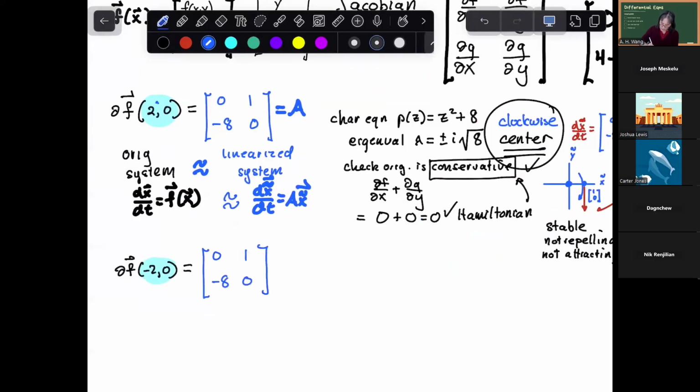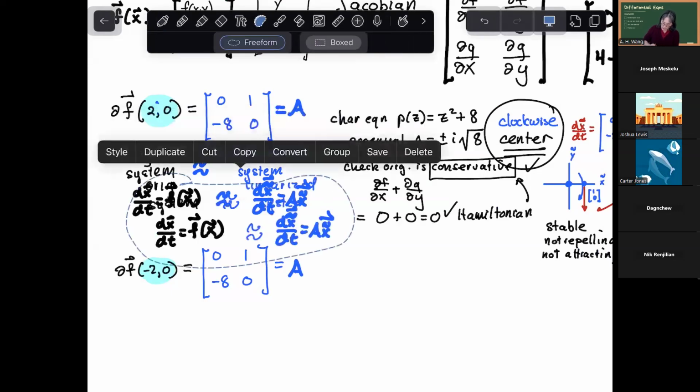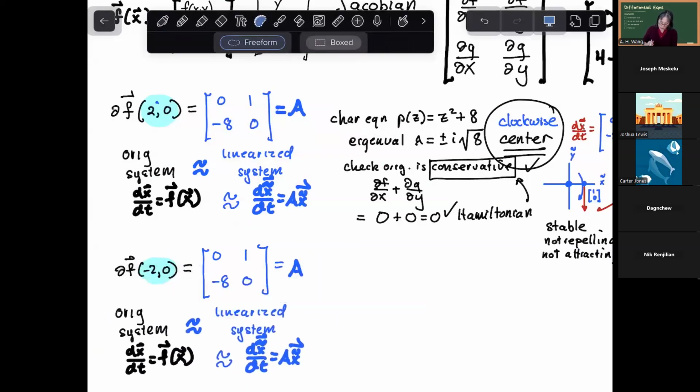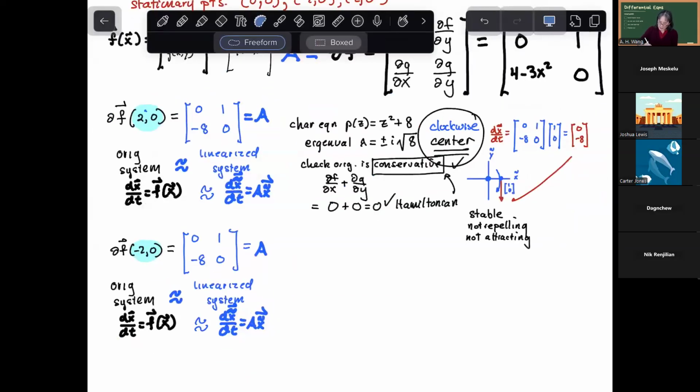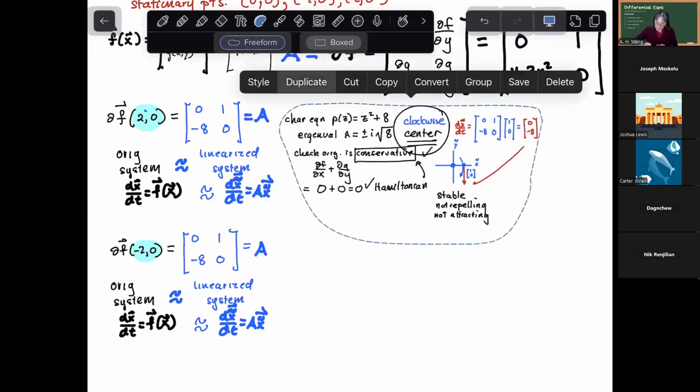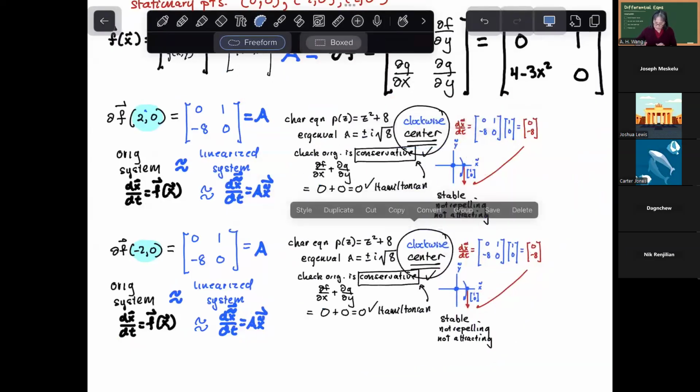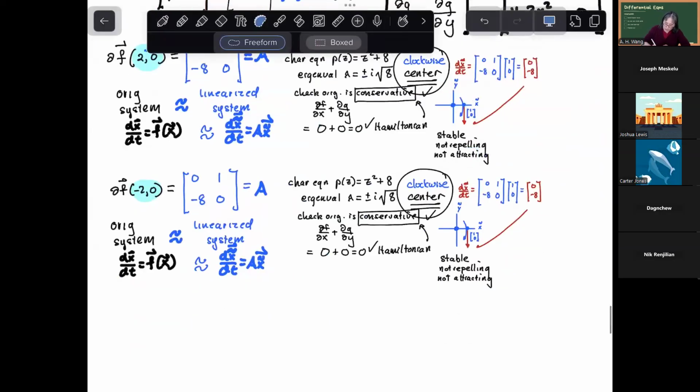The new origin is (-2, 0). So what you're doing is taking your original system and approximating it by this. It turns out to be the same linearized system at the new origin. All of this is actually the same, because it's the same A. So I'll just duplicate it. Those were the harder ones.